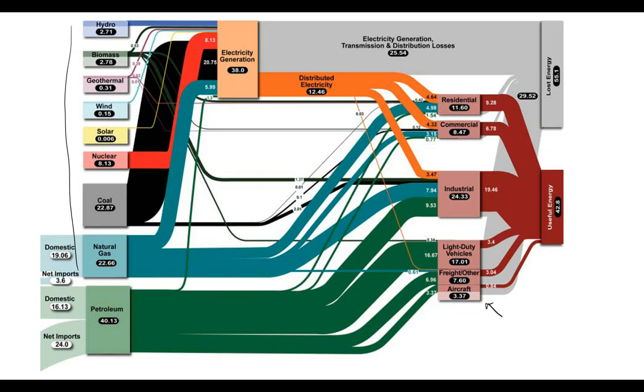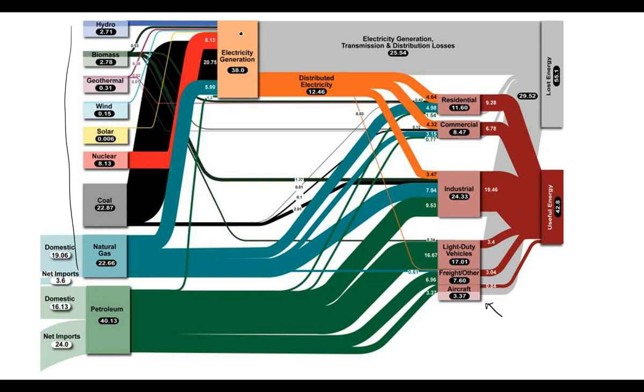And then ultimately things end up as useful energy. Like we've been talking about, things are generally 33% efficient. And so, sure enough, you can see in all of these these little red arrows going off that are showing the energy that ends up being useful versus all the energy that is wasted. So that'd be like the waste heat of driving your car.